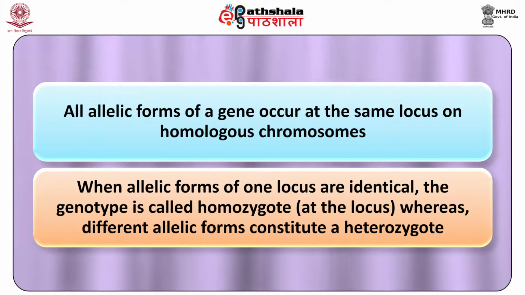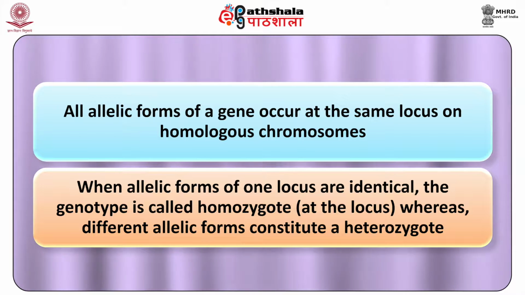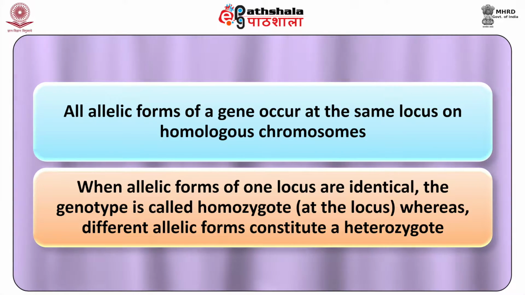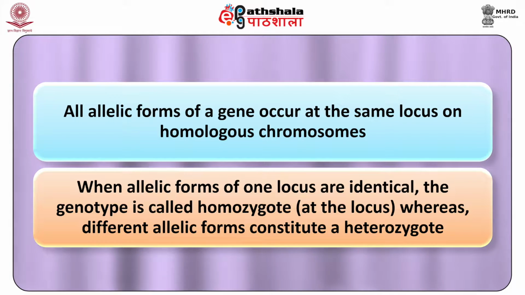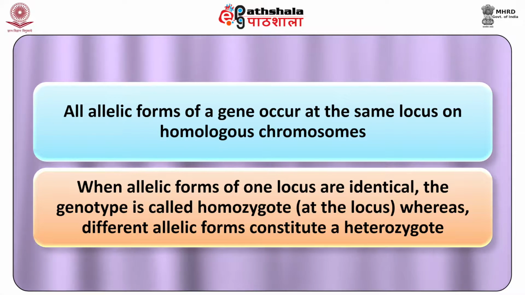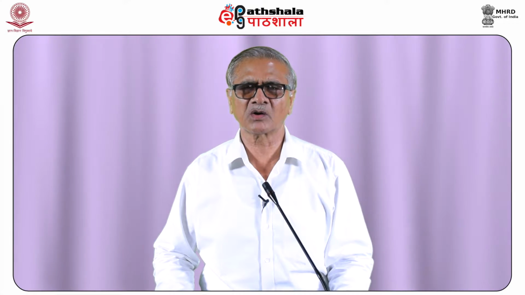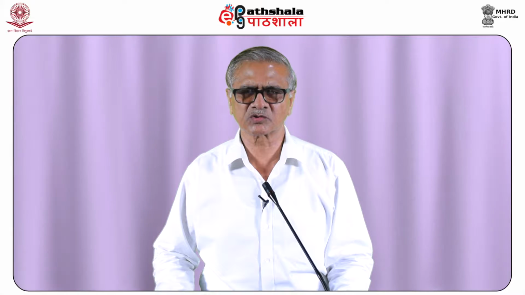All allelic forms of a gene occur at the same locus on the homologous chromosome. When allelic forms of one locus are identical, the genotype is called homozygote at that locus, whereas different allelic forms constitute a heterozygote. In a diploid organism, the genotype is constituted by two allelic forms on the homologous chromosomes.